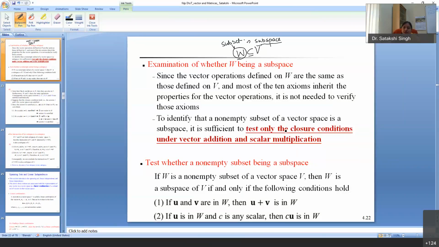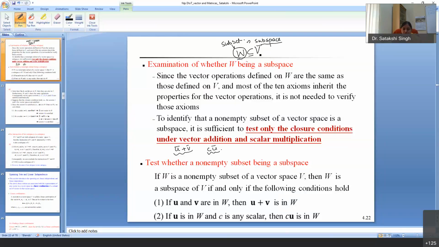We need to check only the two properties, which are the closure conditions. The closure conditions were vector addition and scalar multiplication. If you check that vector addition and scalar multiplication are closed on W, then we will say that W is a subspace of V.